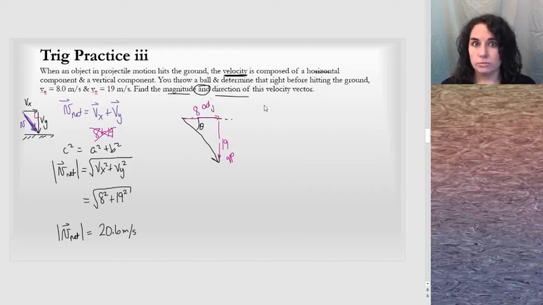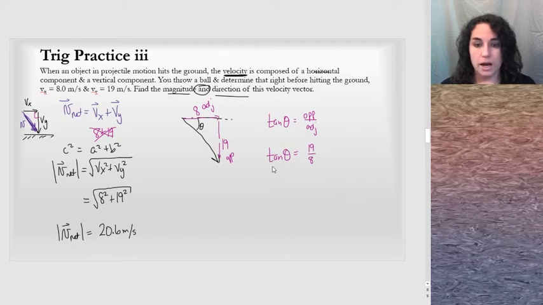So that suggests to me tangent, TOA, from SOHCAHTOA. The tangent of theta has to equal the opposite over the adjacent. So I can plug this stuff in. The tangent of theta is the opposite, 19 over 8.